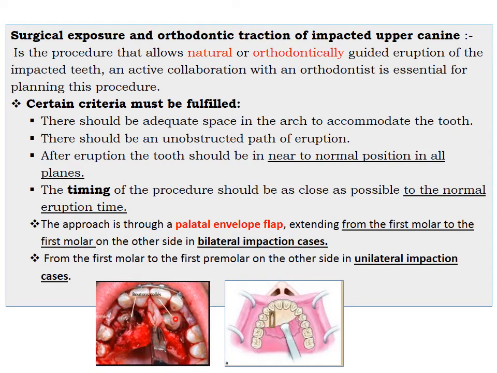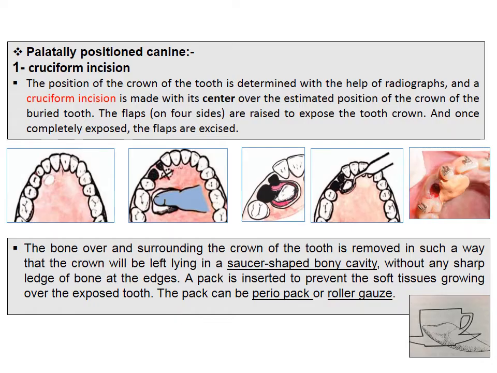Of course bilateral impaction needs greater accessibility, so the extension of the flap is larger, extending from the first molar to the first molar. As you know, we have two types of impaction, either palatally or labially. First of all, we are going to discuss the palatally positioned canine.